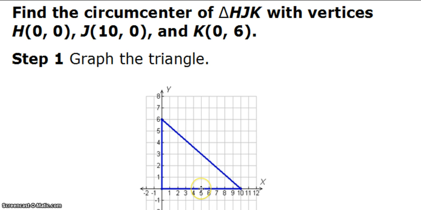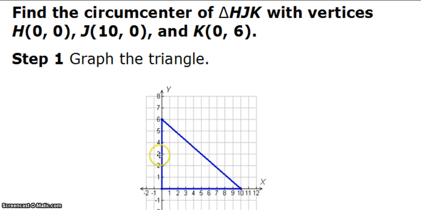5. Good. 5. And we would draw a segment that is perpendicular to that leg, and so the slope of that segment would be undefined. Good. And so we have one bisector located, right? And then the second bisector would be on the vertical leg, which starts at 0 and goes to 6.